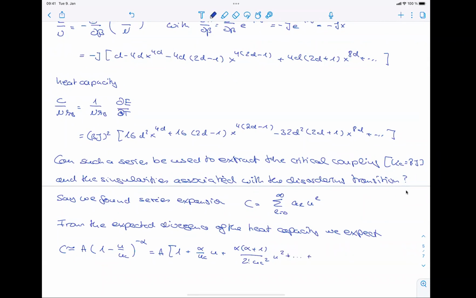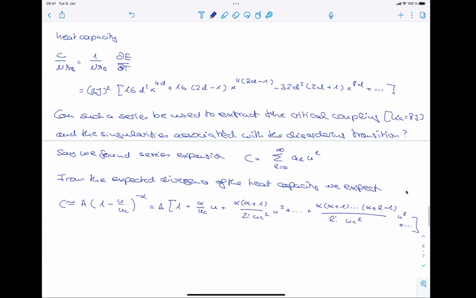And I can even write down in a general fashion how the nth term of this expansion would look like, namely alpha times alpha plus 1 up to alpha plus L minus 1, over L factorial, u_c to the power of L, u to the power of L, with some parameters A, u, c.